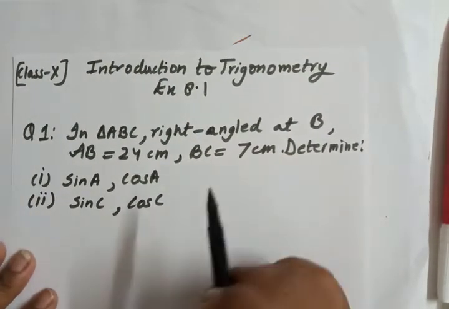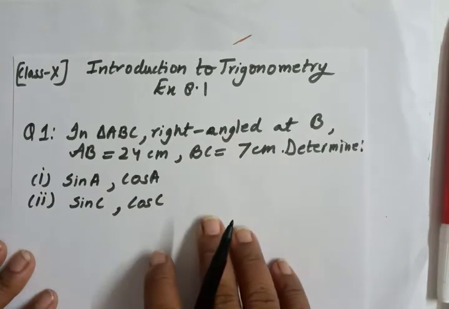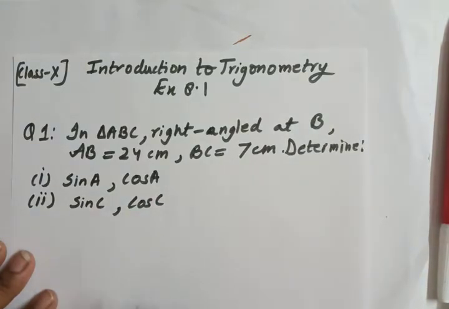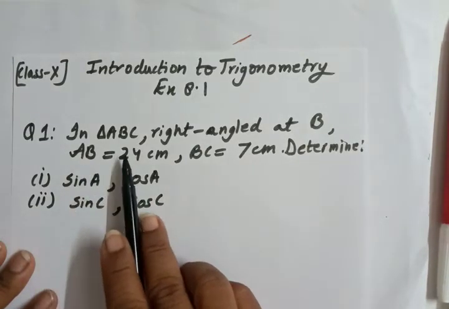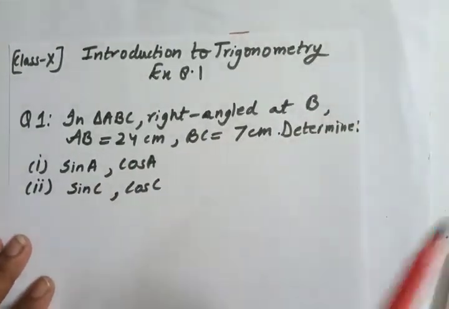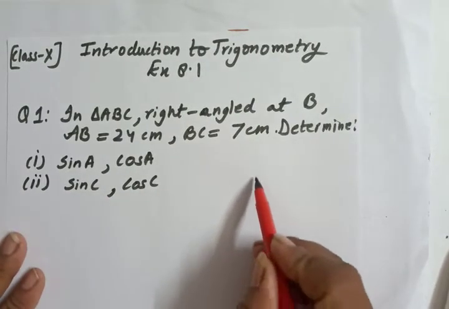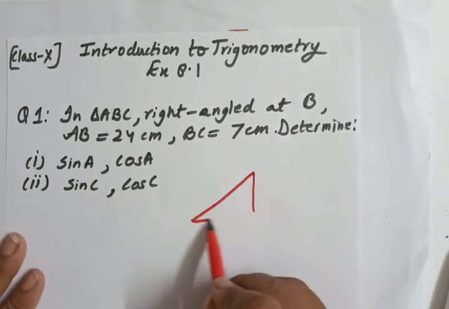Now I have taken one example from exercise 8.1, the very first question, regarding the ratios: in triangle ABC, right angled at B, AB is equal to 24 centimeter, BC is equal to 7 centimeter, determine sin A and cos A. Let me make a triangle.